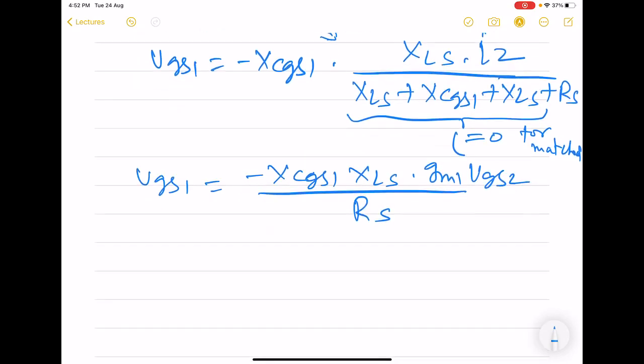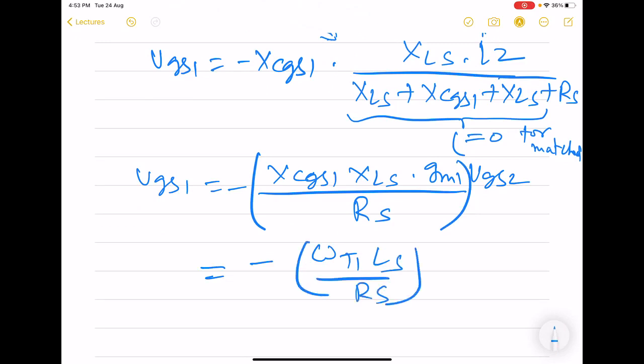Right. So here we are again encountering this term which we have already encountered earlier, namely this factor. And we saw that this gets reduced to omega T1 LS by RS.